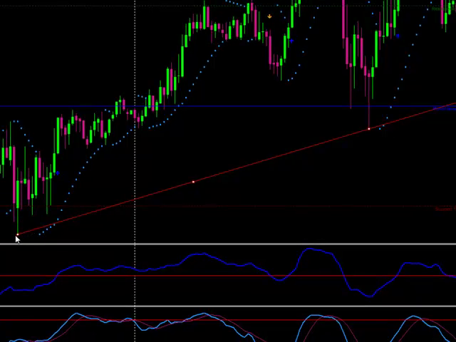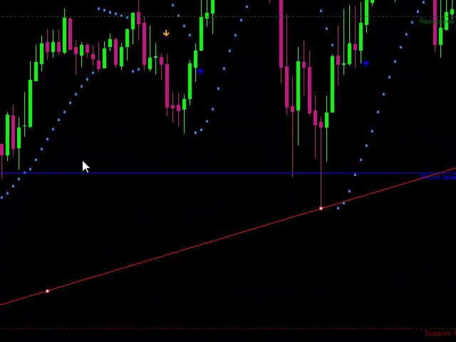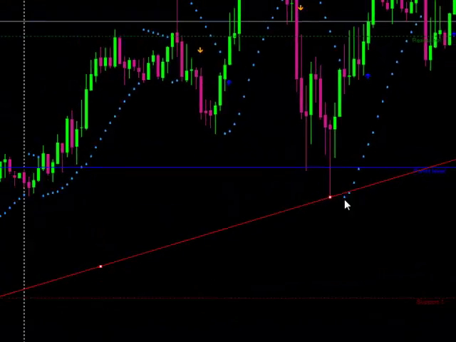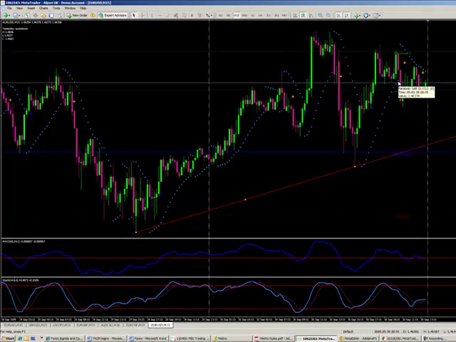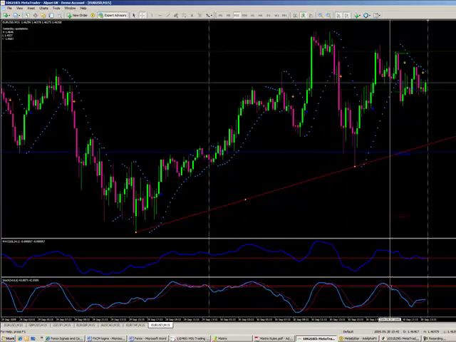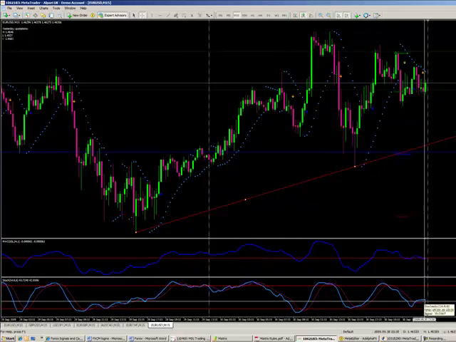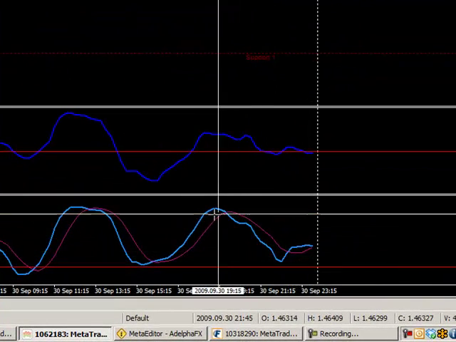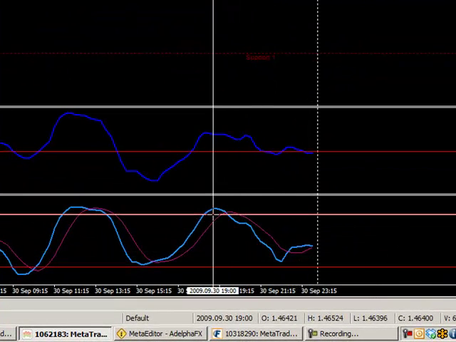We've got a trend line here, point A, point B, two low points. Next thing we would look at is the blue dots here, which is the SAR. And then the third thing that we would look at is the stochastic. And these are the main three tools that we're using to look for trade entries.